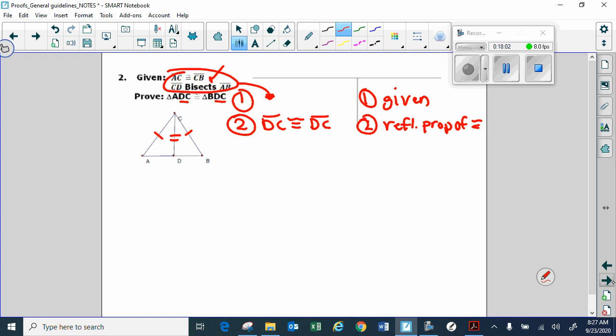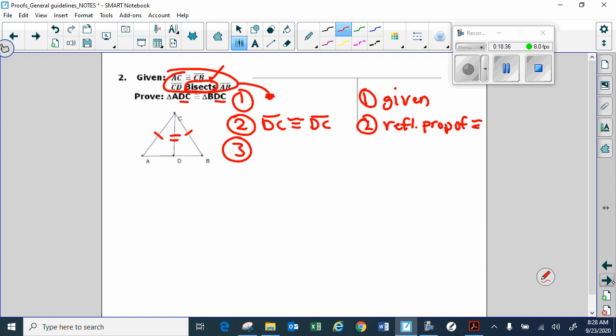Okay, now remember, since I have a vocab word, I know I have to use that vocab word. They don't give it to you for some reason. Since this segment bisects AB, they may let you go ahead and say right away segment AD is congruent to BD by definition of bisector. Or they might say that the bisector creates a midpoint.